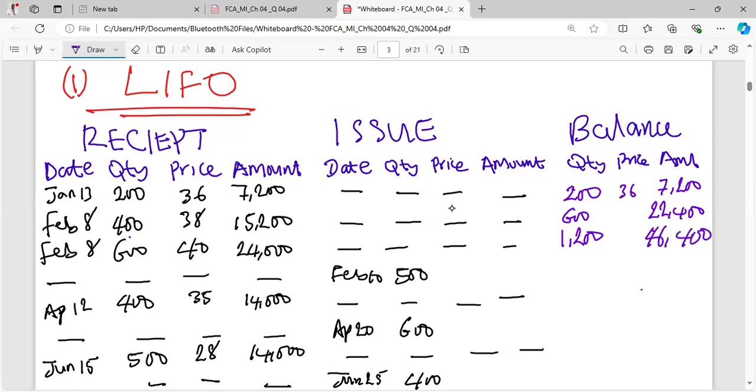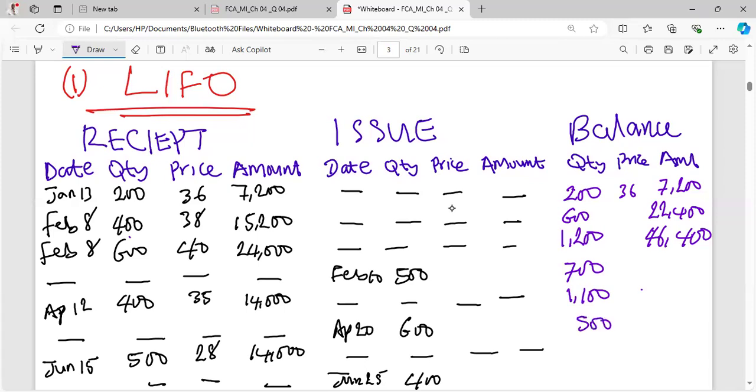All right. Now we deducted 500 here. That will be left with 700. We now add 400 to it. That will be 1,100. We now deducted 600. We'll be left with 500.